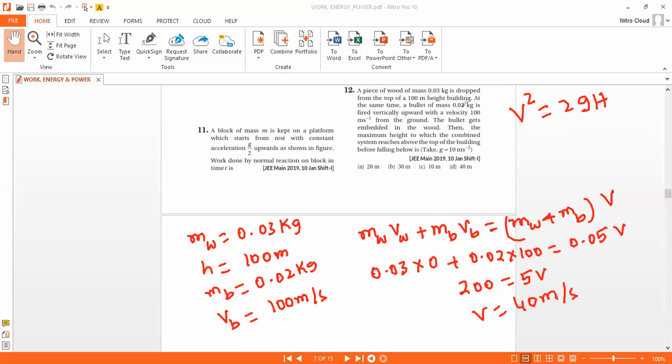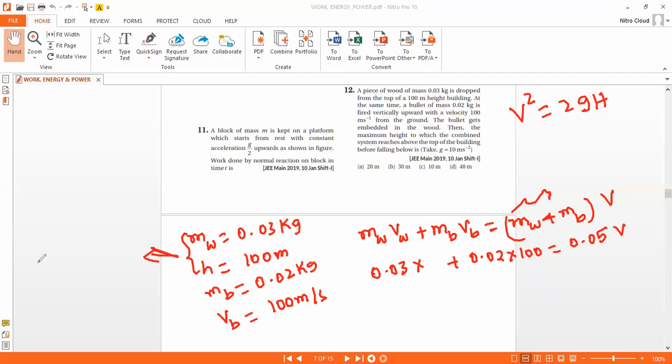A piece of wood of mass 0.03 kg is dropped from the top of 100-meter height. That means here we'll have velocity; it will not be zero. It is dropped from a height.